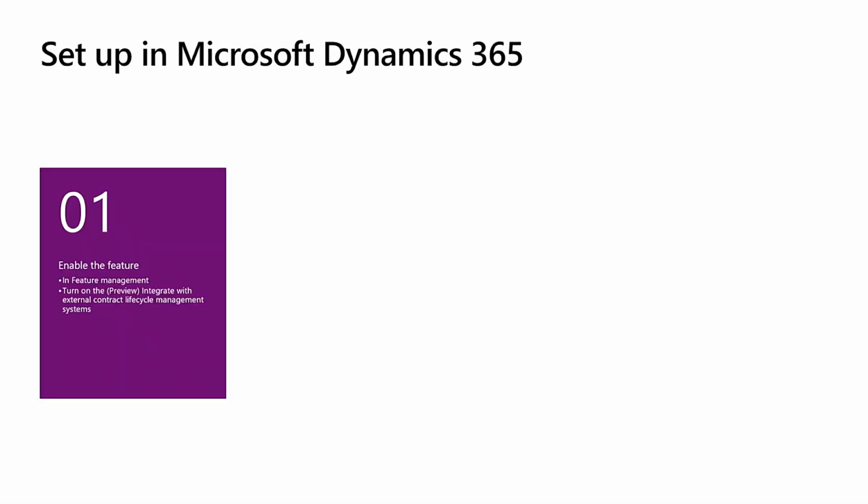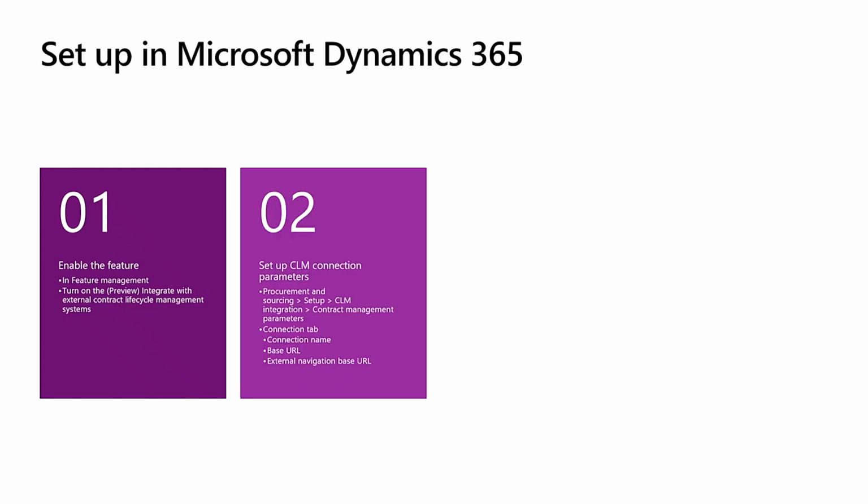To enable the CLM integration in Microsoft Dynamics, we need to follow these setup steps. Enable the feature which I mentioned earlier, which allows you to use this functionality. Set up the CLM connection parameters to define the link between Microsoft Dynamics 365 and your CLM systems.